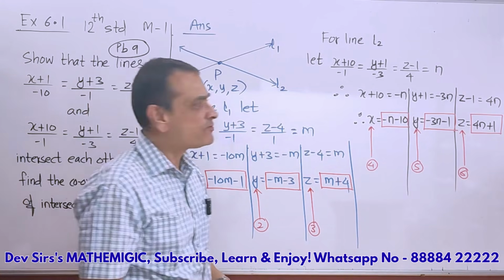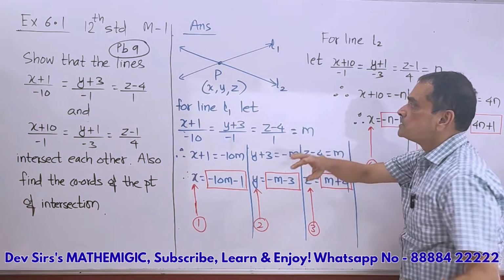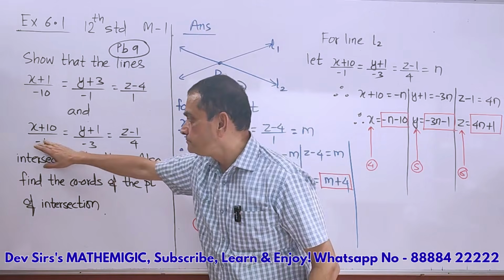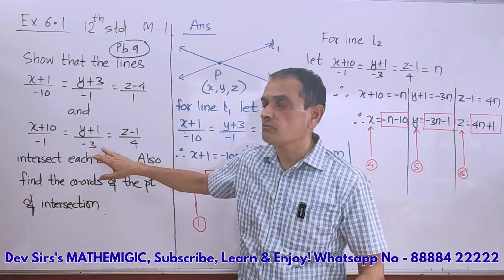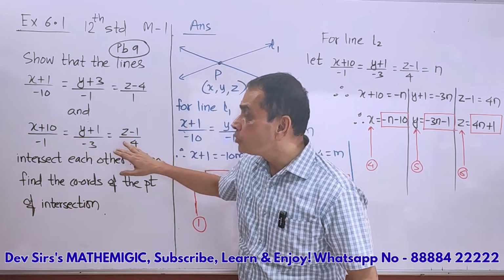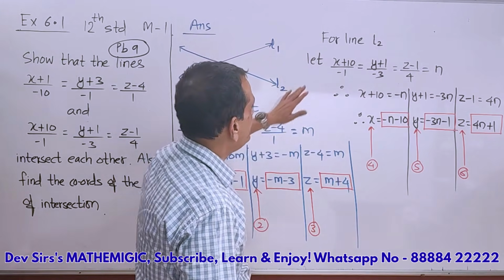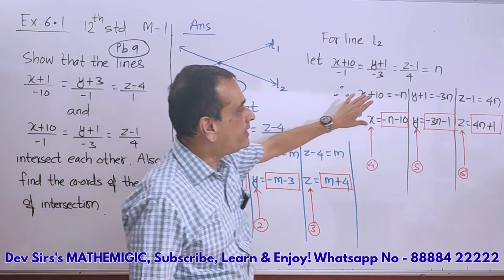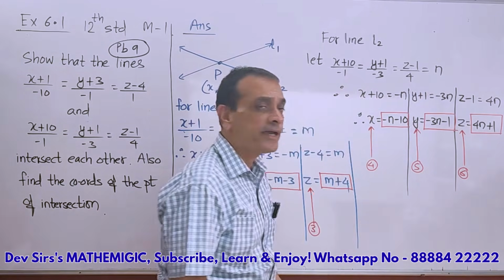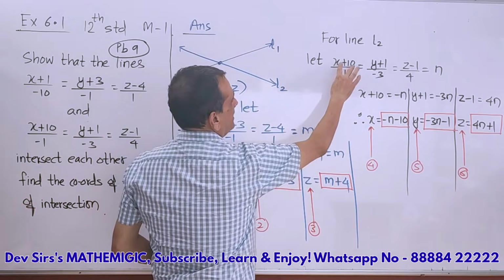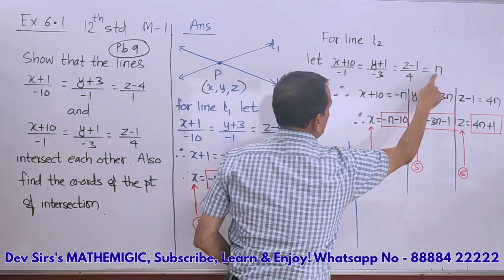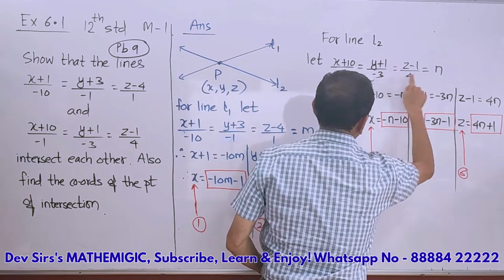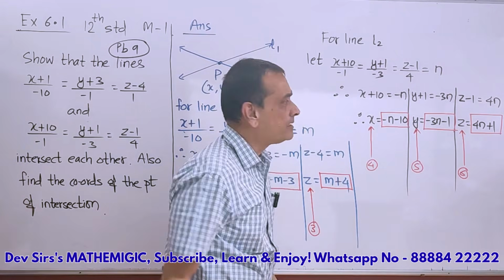Now there is no rocket science for line L2. Similarly, for line L2 the three ratios are given, which is the Cartesian equation of the line. Let us suppose that each ratio is equal to n. I called the earlier one m, this one we'll call n. Again the same thing, cross multiply. X plus 10 is equal to minus 1 into n, minus n. Y plus 1 is equal to minus 3 into n, minus 3n.